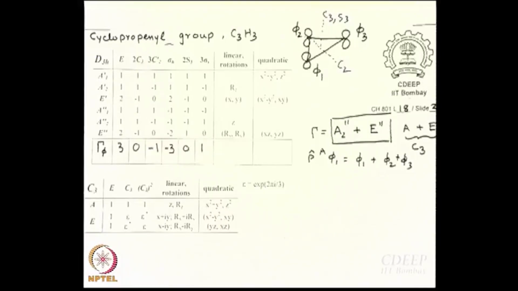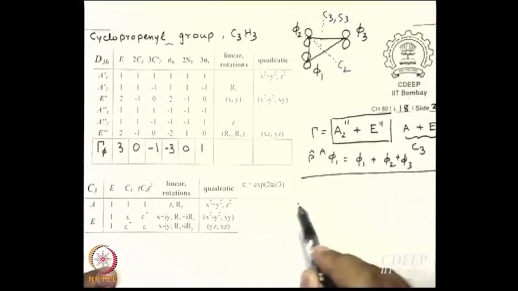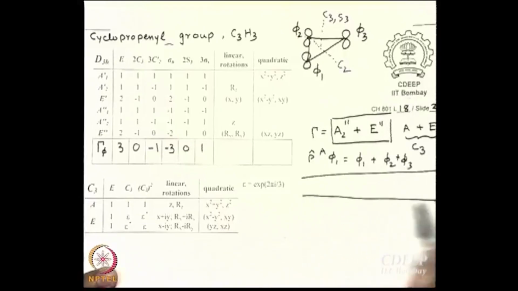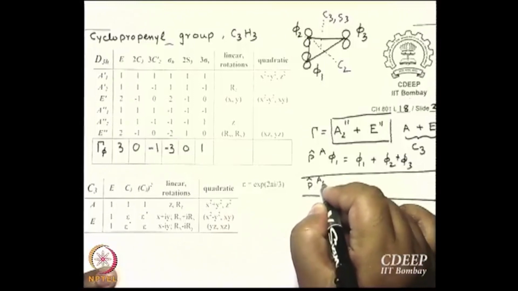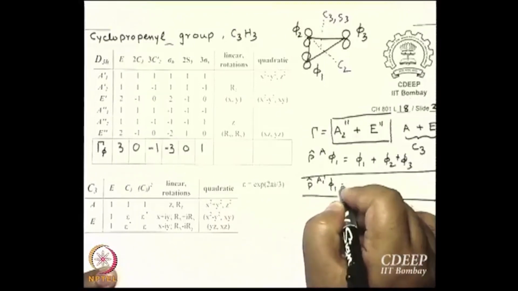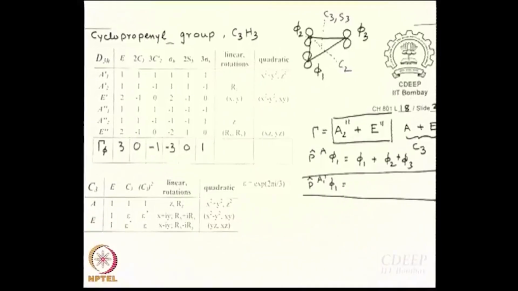But just to make a point, what you could do is to check here, can you go back to the D3h point group and use the projection operator of A1 dashed on phi 1 and satisfy yourselves that you still get phi 1 plus phi 2 plus phi 3.